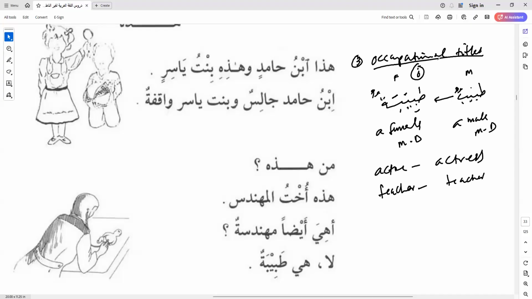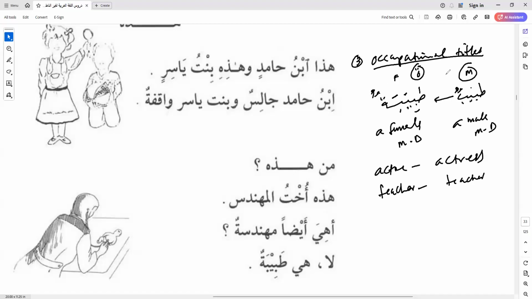And one of the significations, that's number 3, as far as occupational titles or professional titles are concerned, is to add taw marbuta to the male to generate the female.